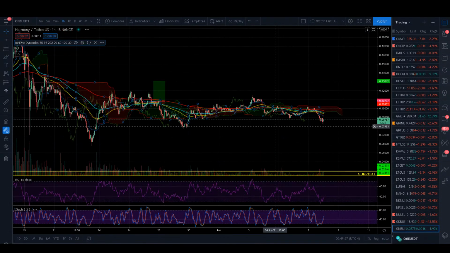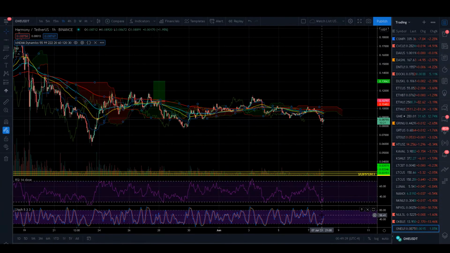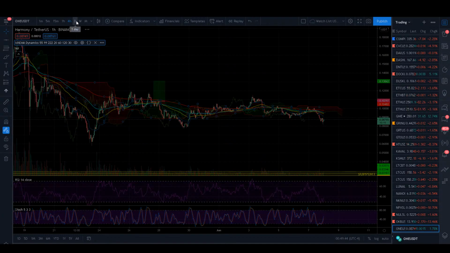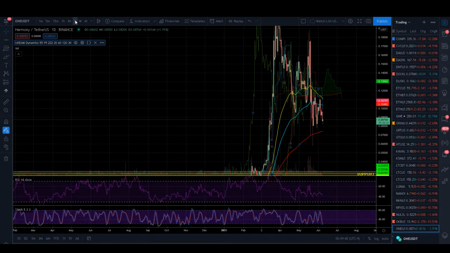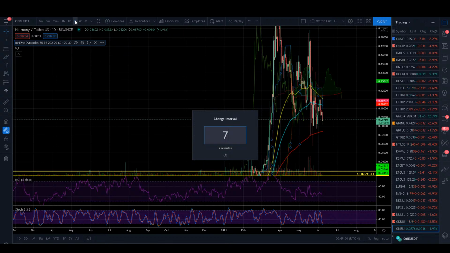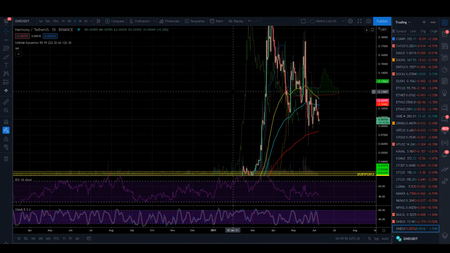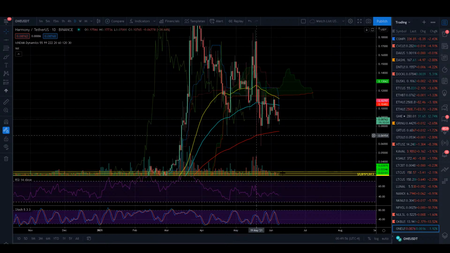Let's go down a time frame, and we see we just dipped down. We're starting to turn up. And then look at the daily Stoch. So I'd look for multiple time frames that have the Stoch reset.